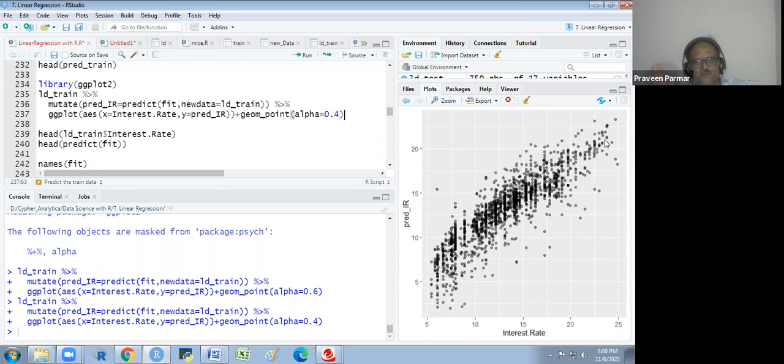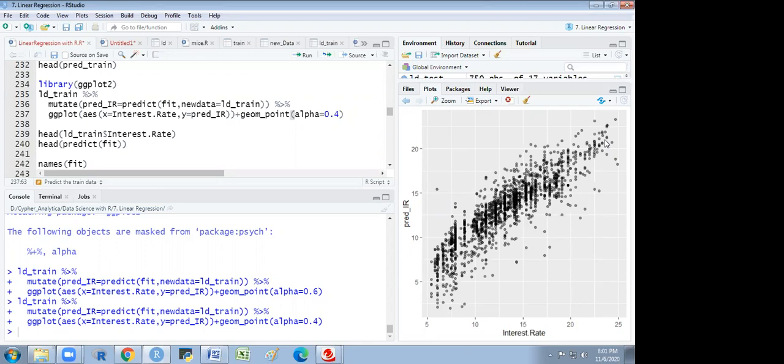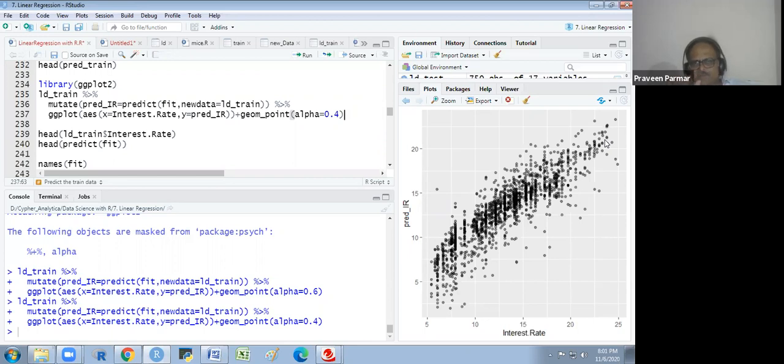So between the predicted interest rate and the actual interest rate there is positive correlation. It means our model is in the right direction. Correct? Understood, sir. Yeah, so I have prepared that only for this purpose, so we could see whether the direction is right or wrong.